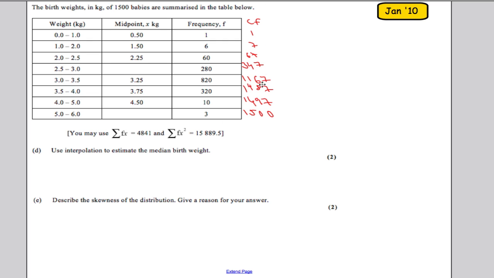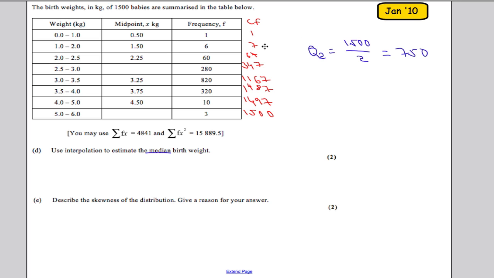Okay, the cumulative frequencies are handy to have. Now, the median birth weight. The median is going to be found by doing 1500 over 2, which is 750.